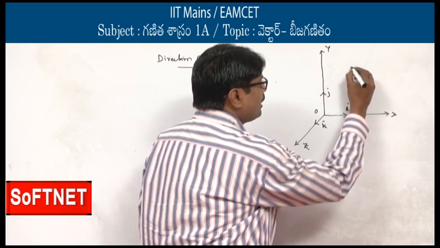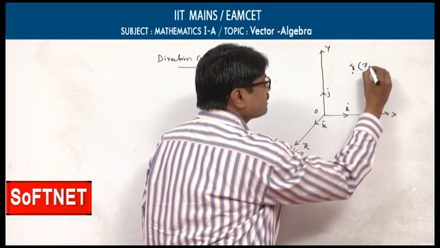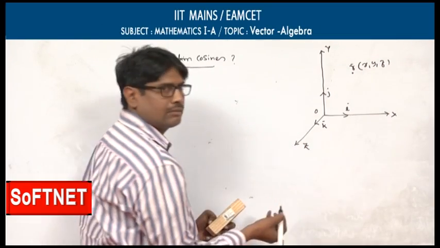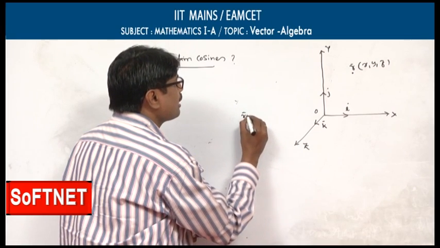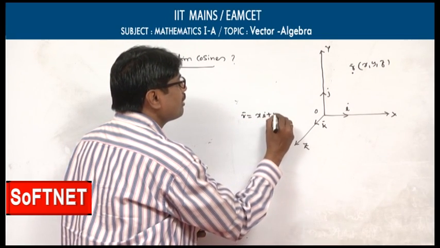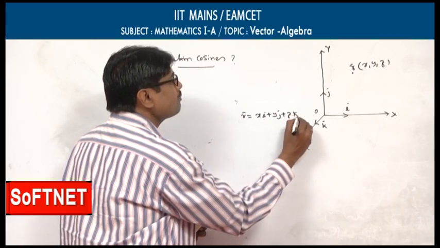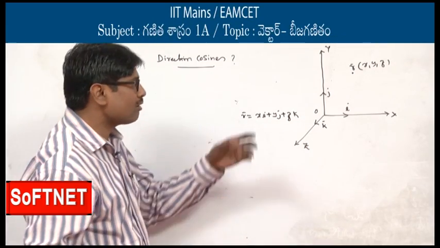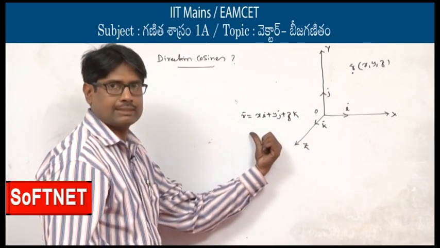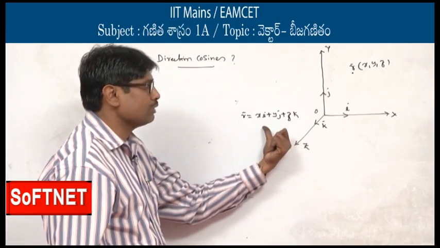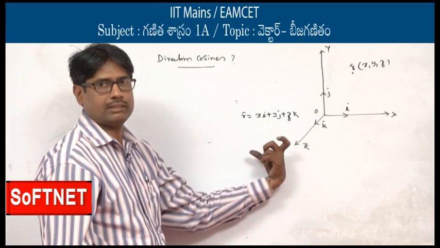A vector R bar written as x, y, z means R bar = x times i bar, y times j bar, z times k bar. The component of R bar along the x axis is x units, along the y axis y units, along the z axis z units.